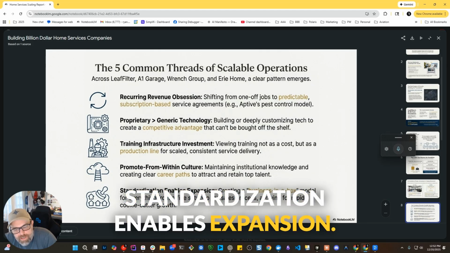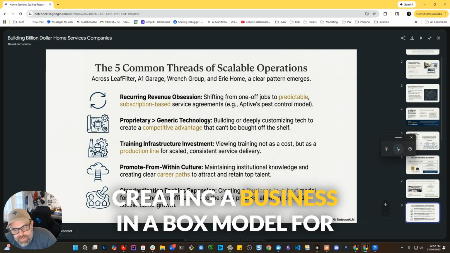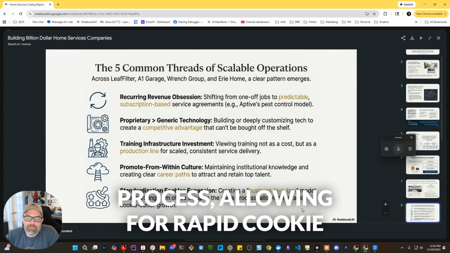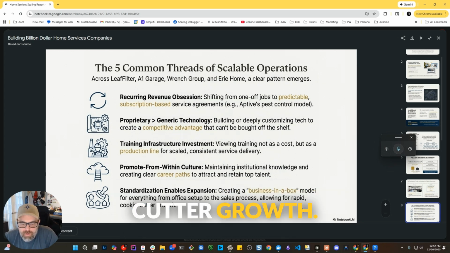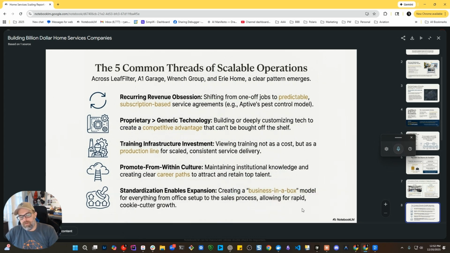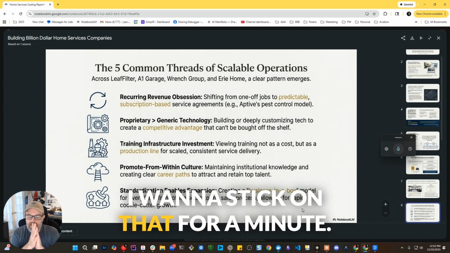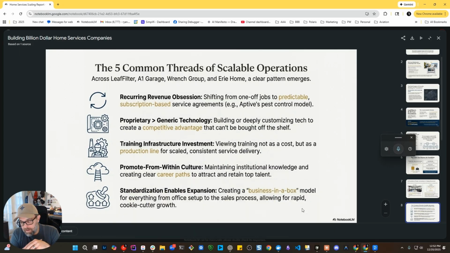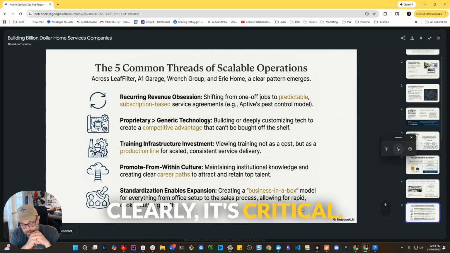Standardization enables expansion, creating a business-in-a-box model for everything from office setup to the sales process, allowing for rapid cookie-cutter growth. I want to stick on that for a minute. This is easier said than done, but clearly it's critical.